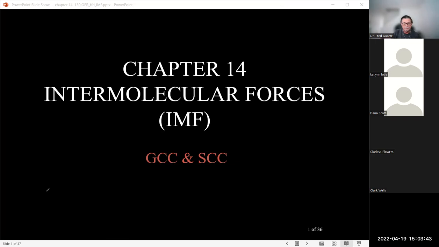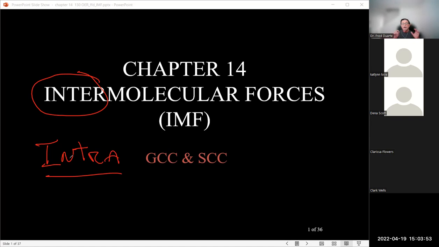A big difference. When we talk about inter versus intra, we are talking about totally different forces. Intermolecular forces are forces that occur with other molecules or with each other, be it the same molecule or even other molecules that are different, okay? And that is related to the polarity of the compound.